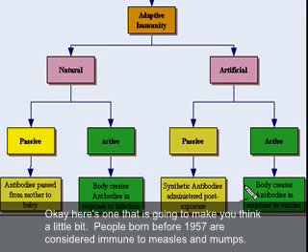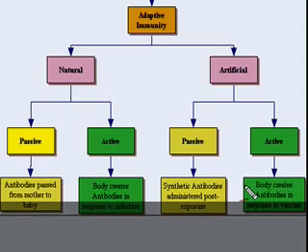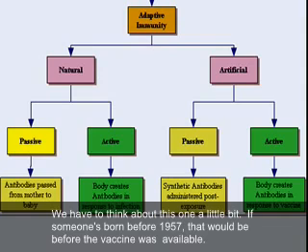Okay, here's one that's going to make you think a little bit. People born before 1957 are considered immune to measles and mumps. What type of immunity would we be talking about there? We have to think about this one a little bit. If someone's born before 1957, that would be before the vaccines were available.